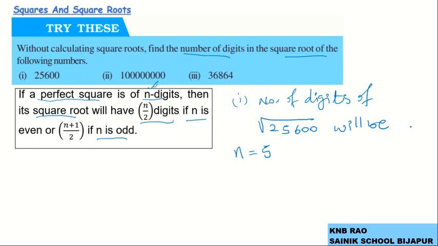It is odd. Therefore, 5 plus 1 by 2, that is 6 by 2, is 3. There are 3 digits in the square root of this 25,600.